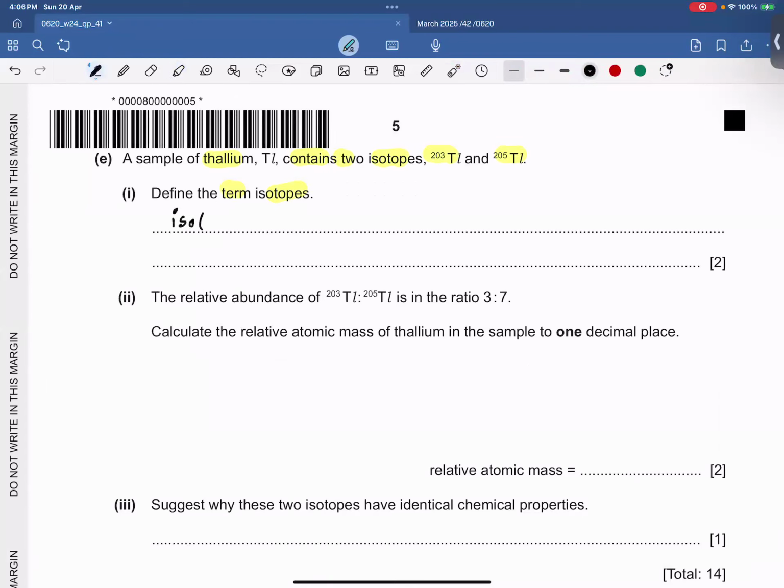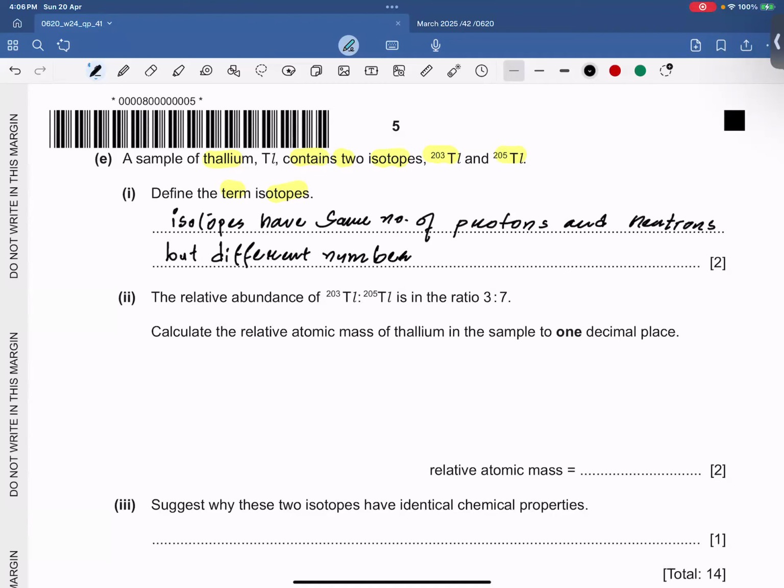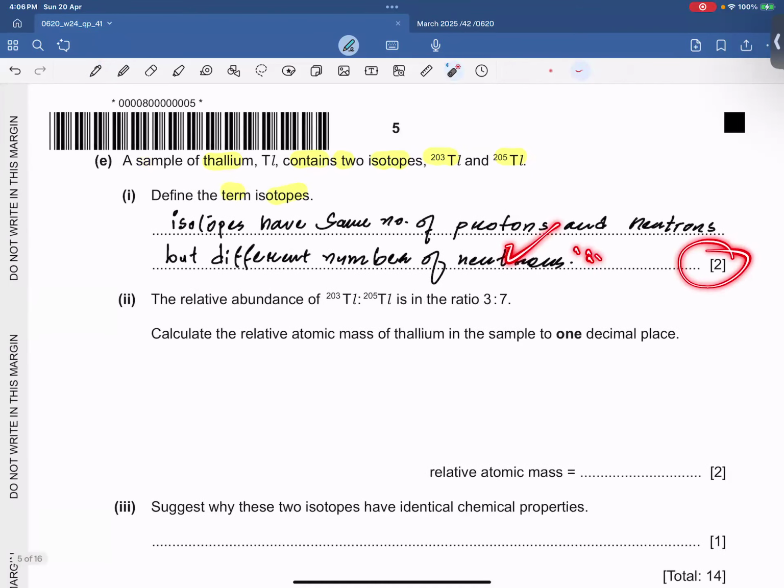Isotopes have same number of protons but different number of neutrons. For 2 marks, we need to mention this definition. Okay.